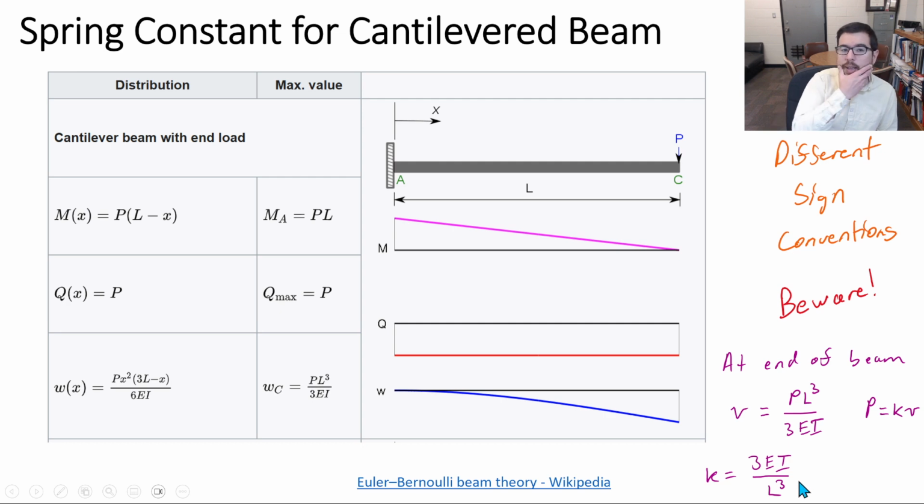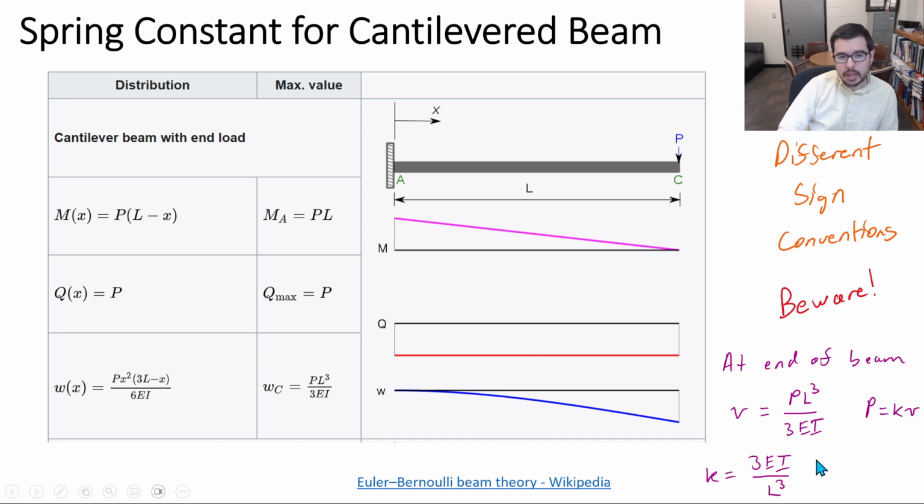All right, and it has a similar property to what we saw with the axial loading of a bar and those spring constants. If I make the length longer, then the spring constant goes down. It goes with L cubed though, so it's significant. If I use a material with a higher Young's modulus, the K goes up. That's also what you see.